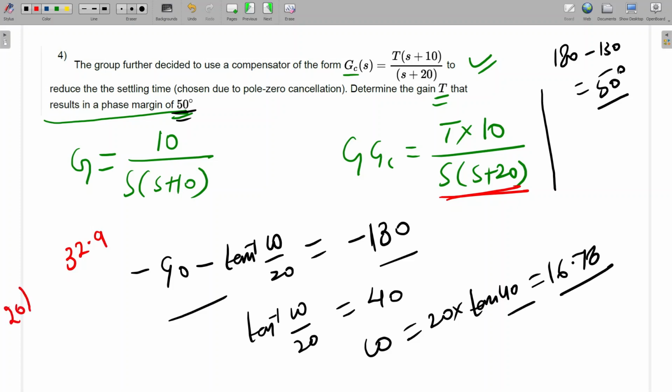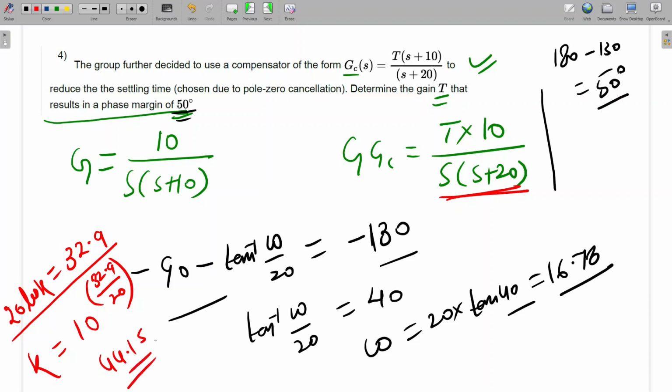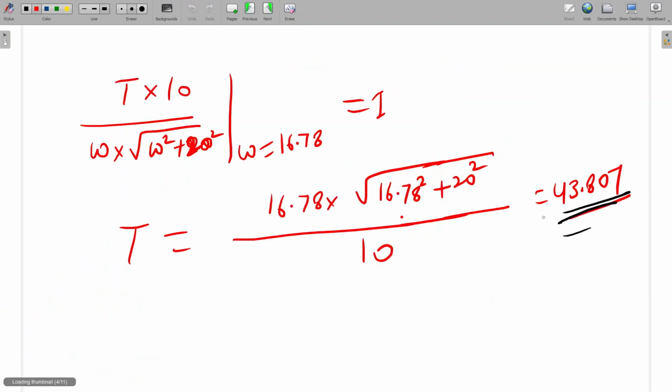So 20 log K should be equal to 32.9, and K will be equal to 10 to the power 32.9 by 20. How much will it be? We are getting 44.15, and here we have also calculated with this one: 43.8, almost 44.